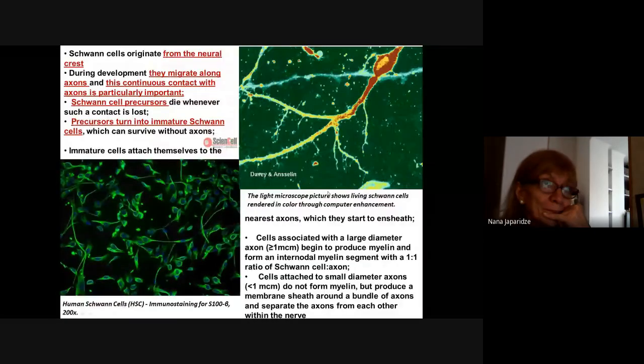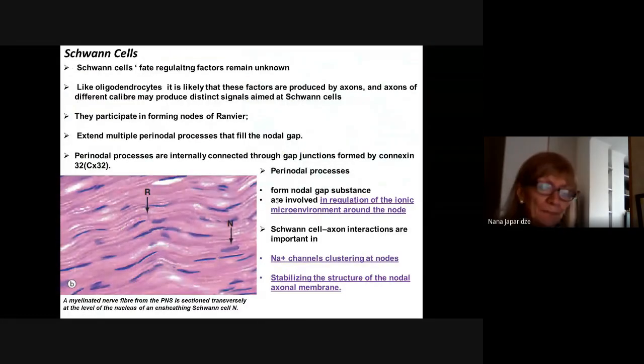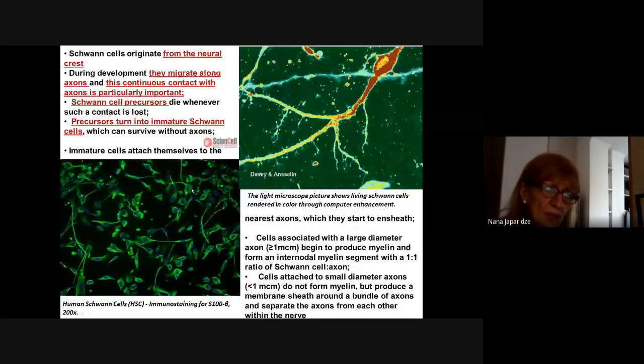These are live Schwann cells in tissue culture, and they are properly stained via immunostaining. That is why they are clearly visible, and they look very nice here. But this was tissue culture.